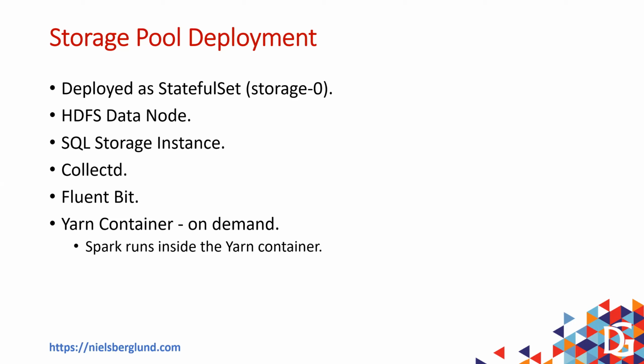So YARN is a resource manager, and it manages Spark. And if we need to do something Spark-like, then we are ingesting into the storage pool a container where Spark runs. Okay, so that's how it really works. But essentially, we are running Spark in the storage pool.